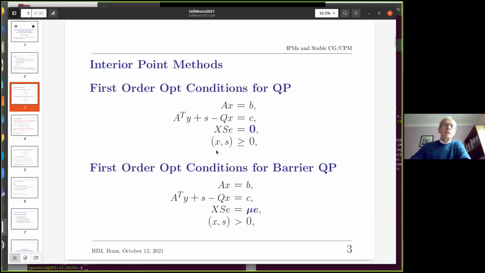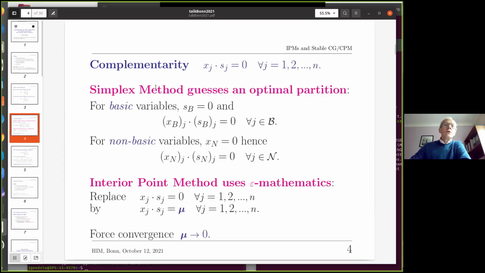Now this has very deep consequences because the simplex method or any kind of active set method needs to make a guess and has to make a commitment on how this product will be forced to be zero. So either X or S has to be zero, and we know very well this will lead to a basic, non-basic partition.